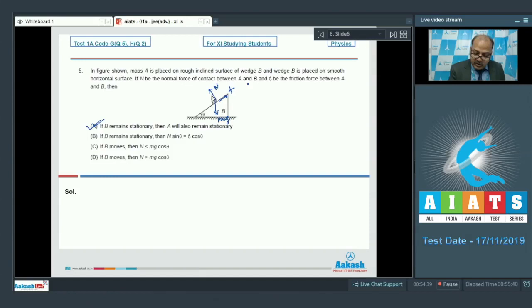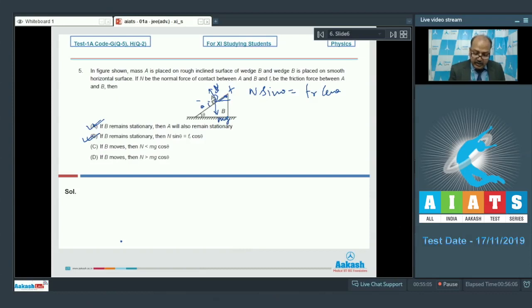So the horizontal components of N and F cancel each other. If I draw this horizontal line, this angle is also theta and this angle is also theta. So if the horizontal components of N and F cancel, we get the equation N sin theta is equal to Fr cos theta, which means option B is also correct.